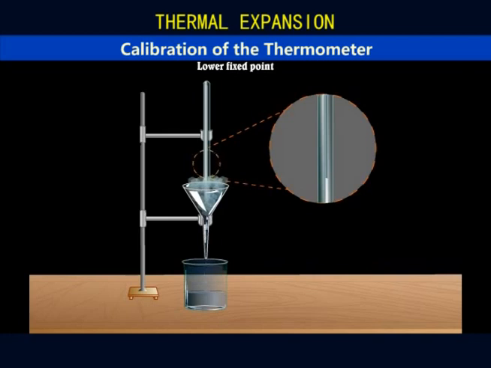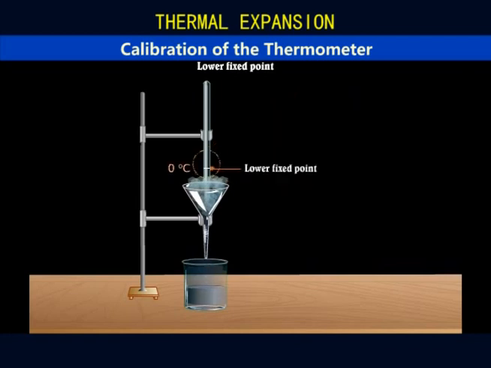After some time, it stops contracting and the mercury meniscus remains stationary. This indicates that the ice is melting. The position of the meniscus is marked on the stem of the thermometer. That point is marked as 0 degrees Celsius and gives the lower fixed point.